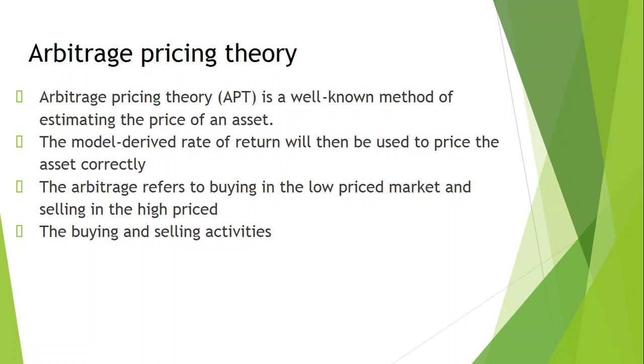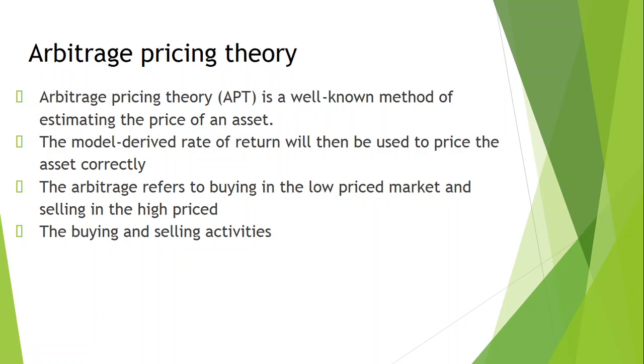The model-derived rate of return will then be used to price the asset correctly. The asset price should equal the expected end-of-period price discounted at the rate implied by the model. If the price diverges, arbitrage should bring it back into line.